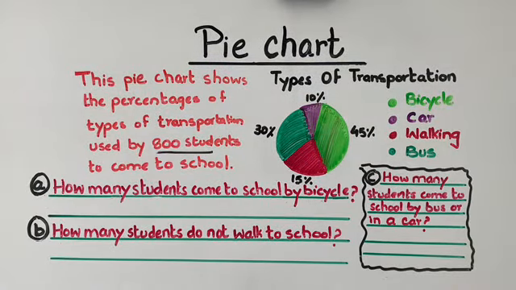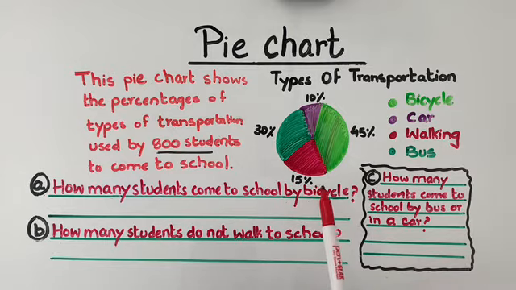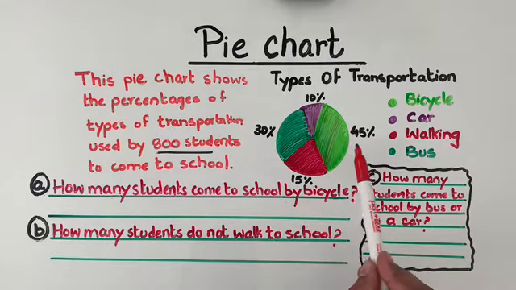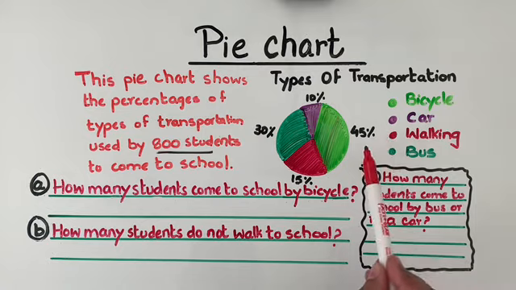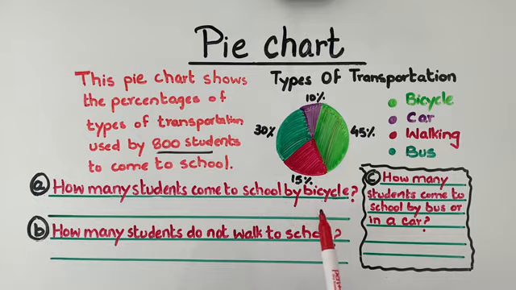Now we have 3 questions related to this pie chart, A, B, and C. The first question is, how many students come to school by bicycle? From this pie chart, you can easily find out that 45% of the students out of 800 students come to school by bicycles.